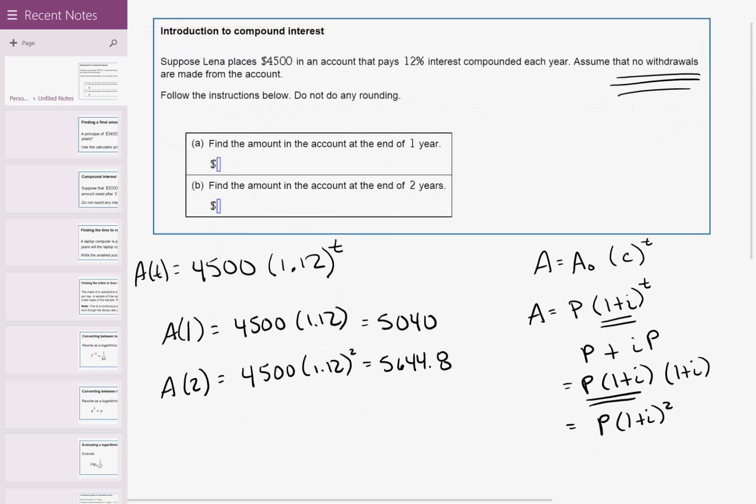Now I want to note that I could have taken this answer and just multiplied it by 1.12 again. So 5040 times 1.12 is still 5,644 and 80 cents.